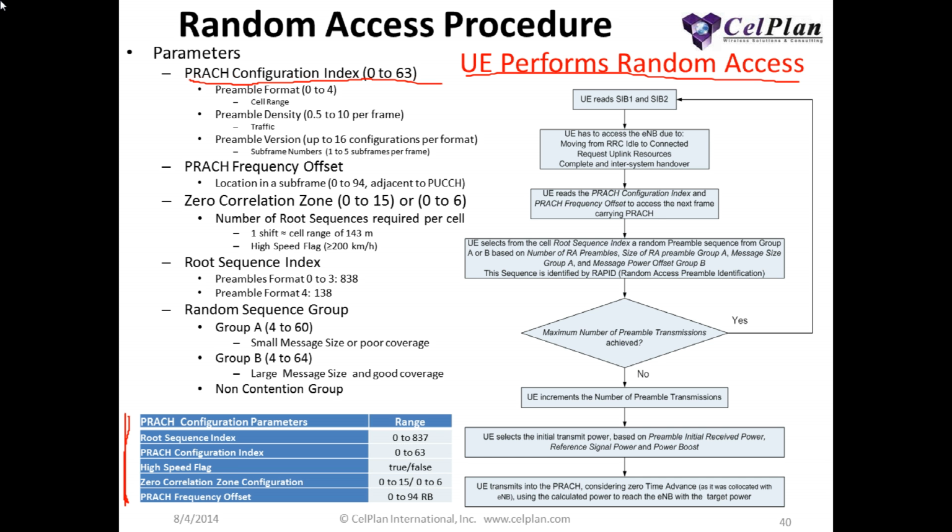And there are 16 configurations per format, and 1 to 5 subframes per frame can carry the PRACH area. Another parameter that is also signaled is the PRACH frequency offset, because it's not enough to know that you are inside a subframe. You need to know where in the subframe you are.